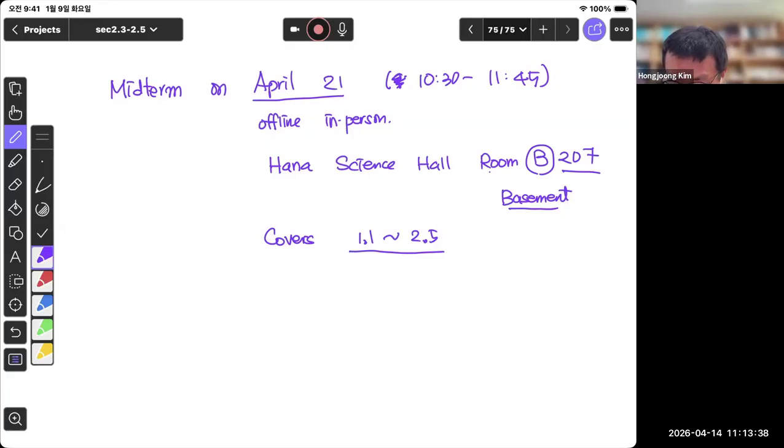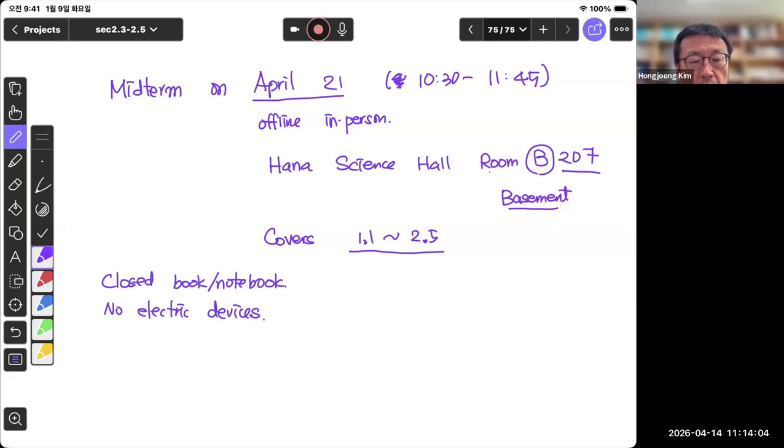This is a closed book, closed notebook exam. No electronic devices. You cannot bring cell phones, tablets, or laptops. Those are not allowed.